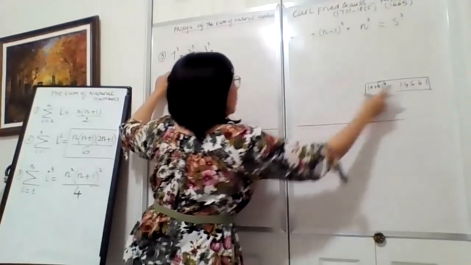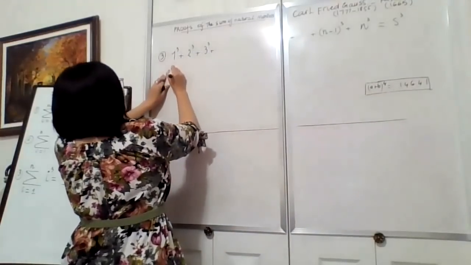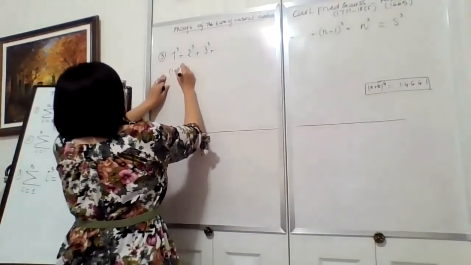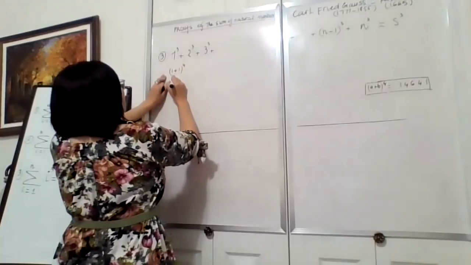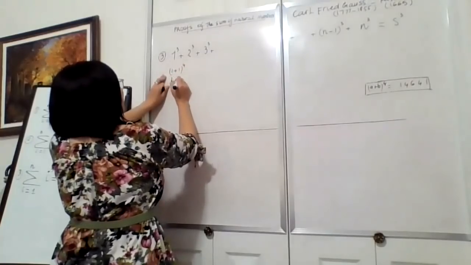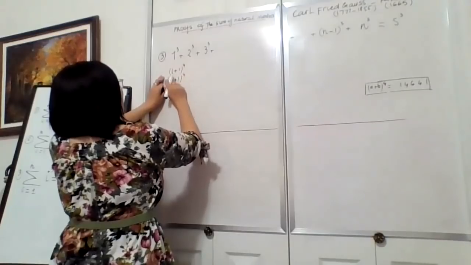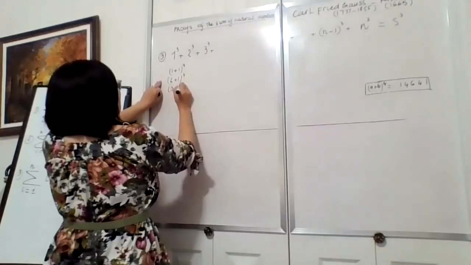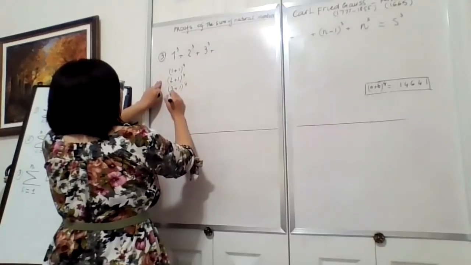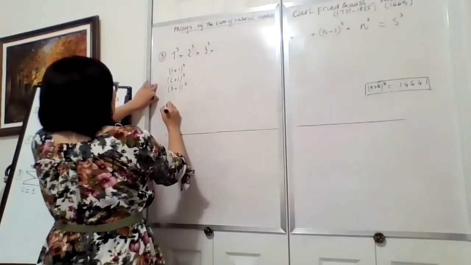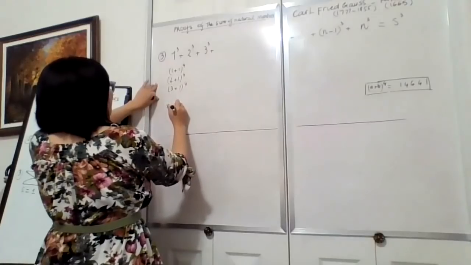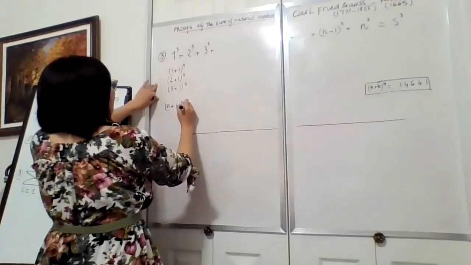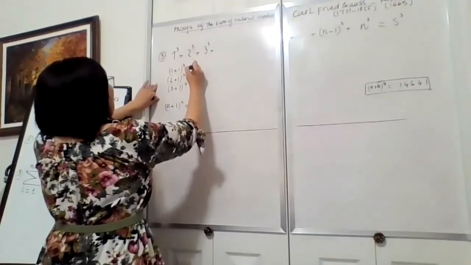We use this coefficient, right? So let's say if I have 1 plus 1 to the power 4, and the second one will be 2 plus 1 to the power 4, and the third one is 3 plus 1 to the power 4, and so on, continuing up to n plus 1 to the power 4, equal.